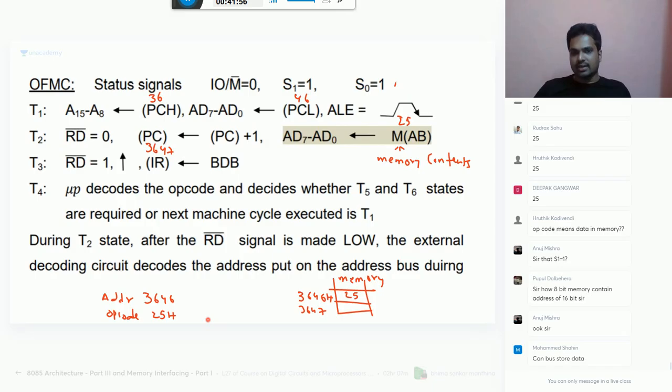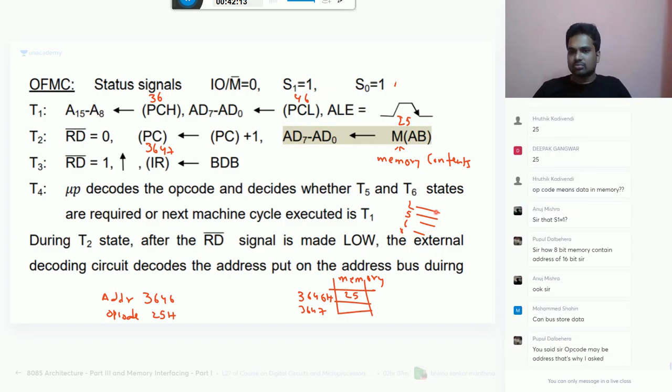No, the bus will retain it, for some time it will retain. Bus is like a wire. You give 256, it will keep that 256. It may have some buffer.